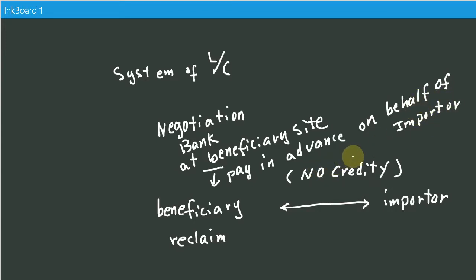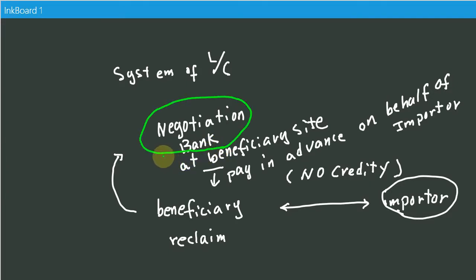In this case, the right of a beneficiary to request money from the import should be exchanged with the negotiation bank, right? That might be normal and natural because the negotiation bank pays in advance instead of the import. Then the right to collect money from the import should be exchanged for money with the negotiation bank.